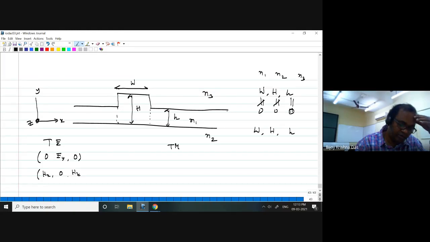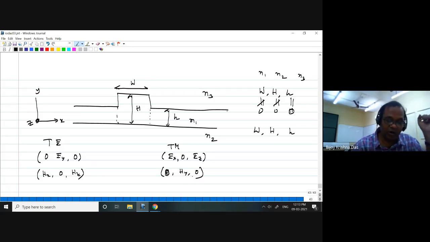This is your TE case, and the TM case will be Ex, 0, and Ez, and then the magnetic field will be 0, Hy, and 0. This is the case for 1D.